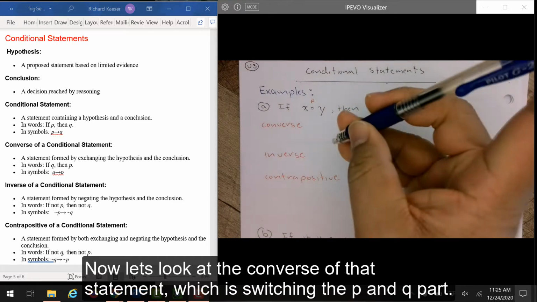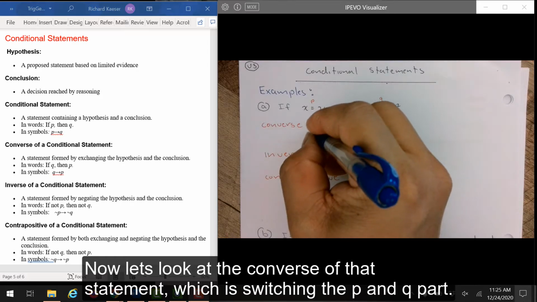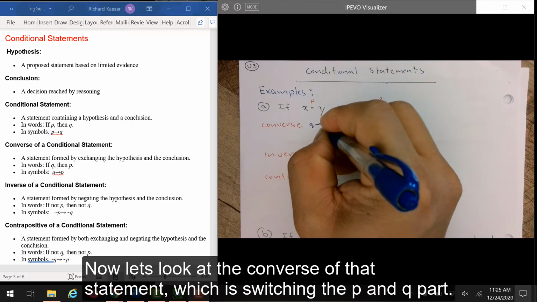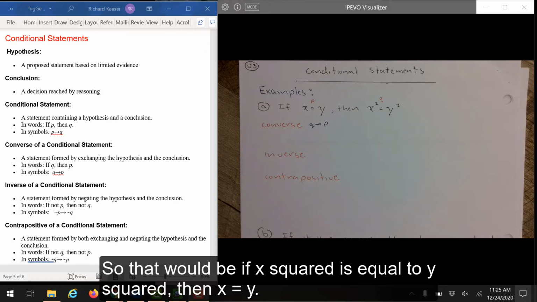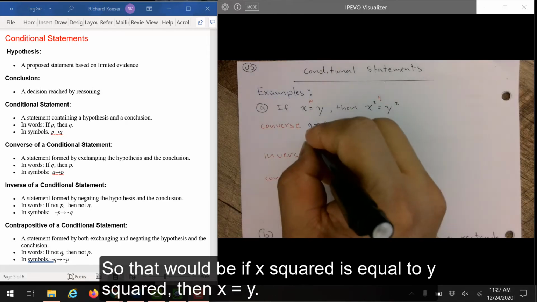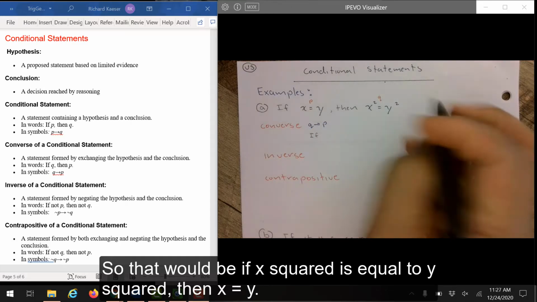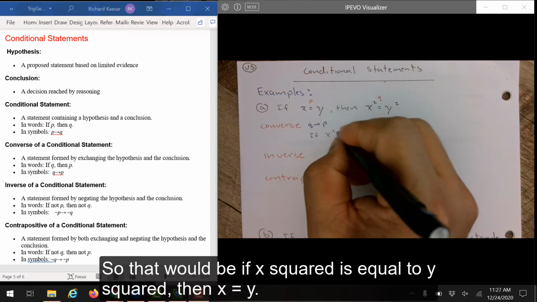Now let's look at the converse of that statement, which is switching the P and Q part. So that would be if x squared is equal to y squared, then x equals y.